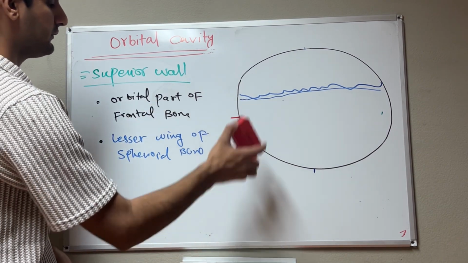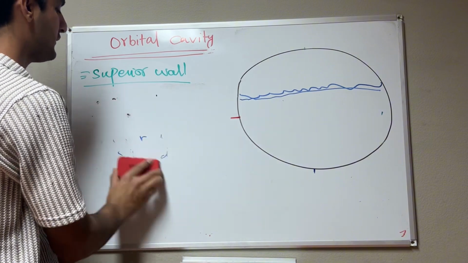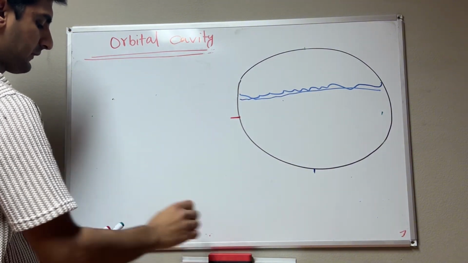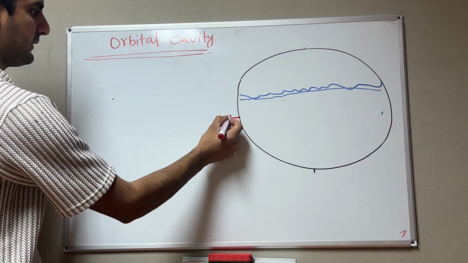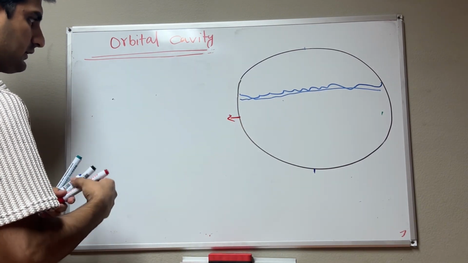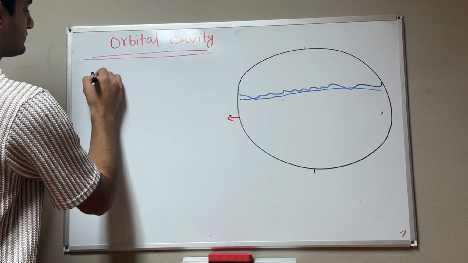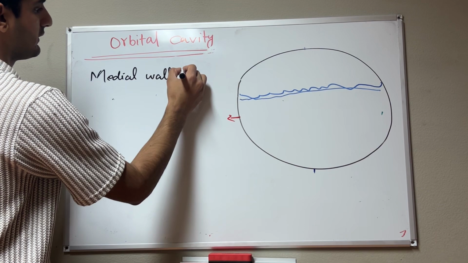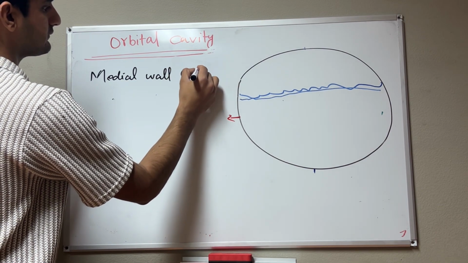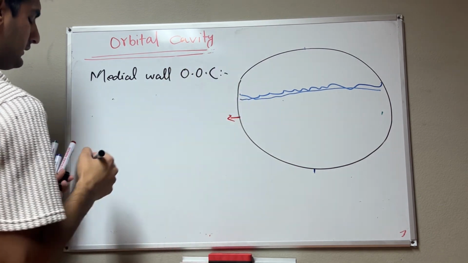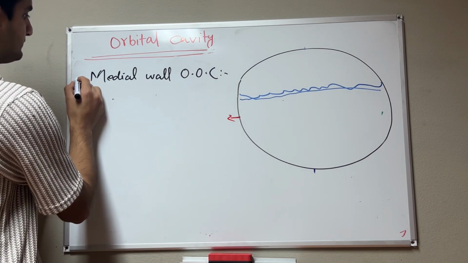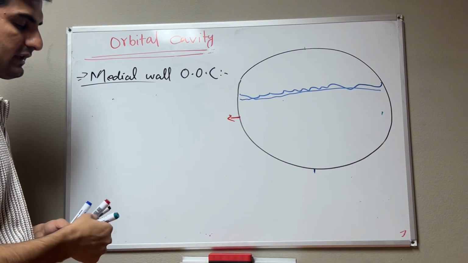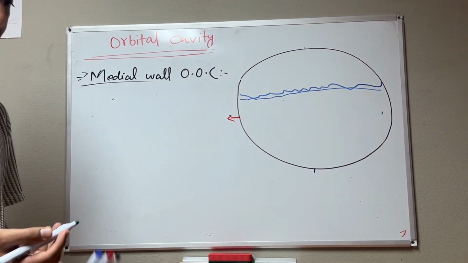Okay, we have already discussed the superior wall of the orbital cavity. Now the second wall we have is the medial wall. Which formations or surfaces take part?